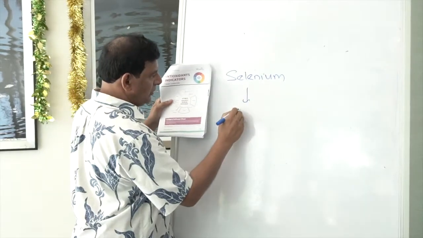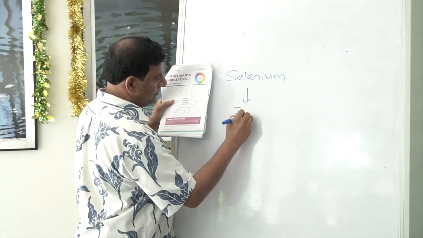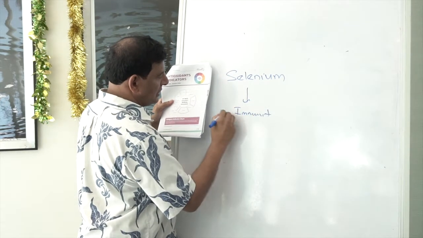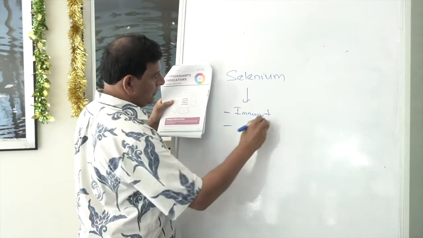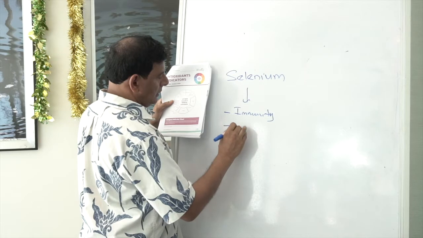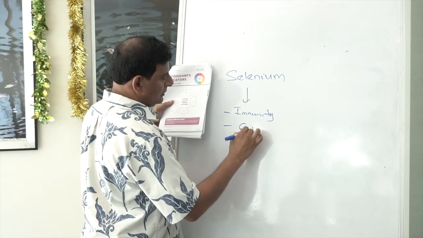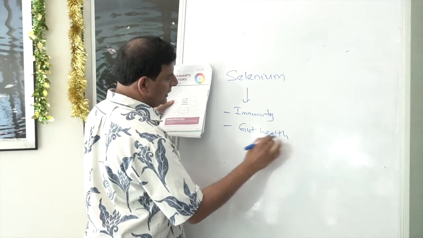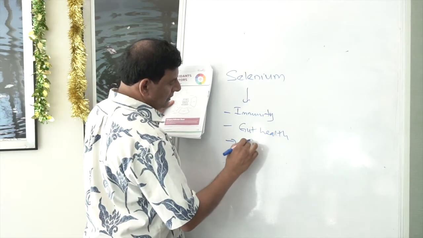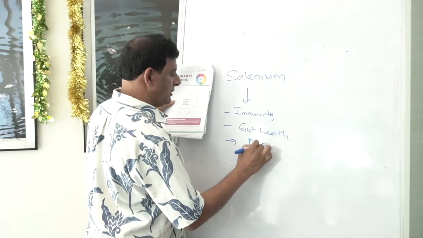Selenium is required for immunity, and is also required for gut health. It can also mean that you're having mercury toxicity.